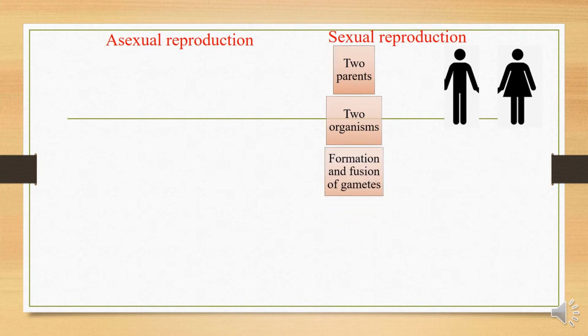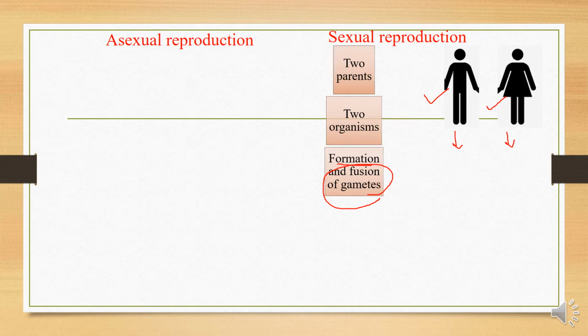In this sexual mode of reproduction, basically what happens is the formation of gametes takes place. The male produces male gametes and the female produces female gametes. Once the gametes are formed, you will see the fusion of gametes take place.